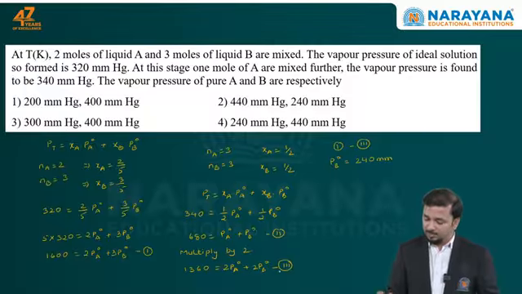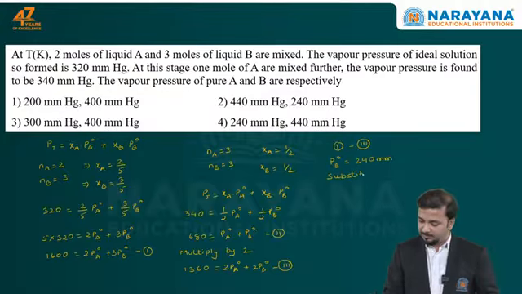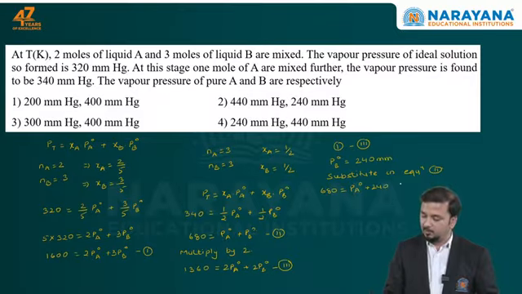And if I substitute Pb naught in equation 2, we will get 680 is equal to Pa naught plus 240, which means Pa naught will be equal to 440 mm.